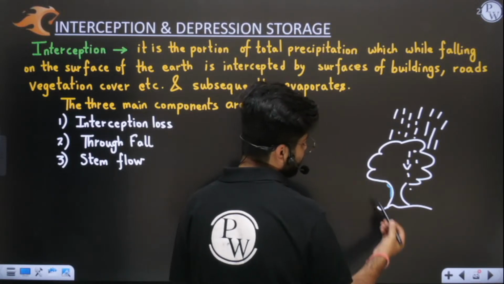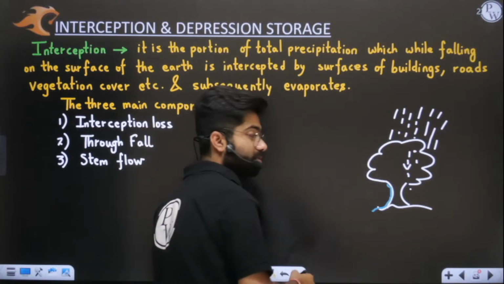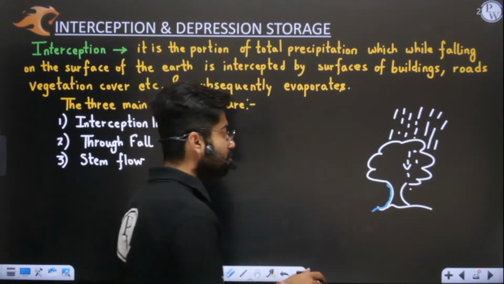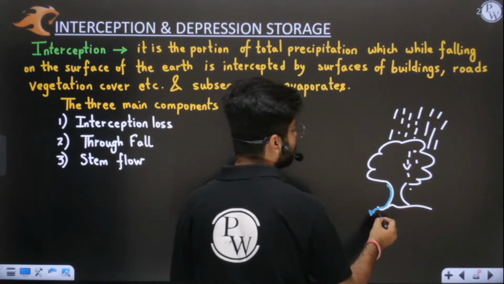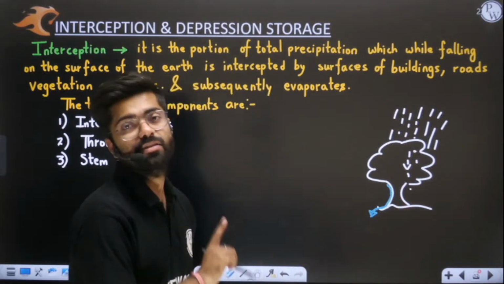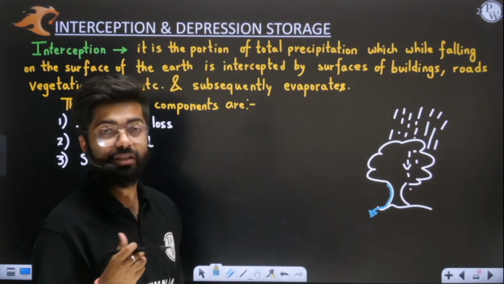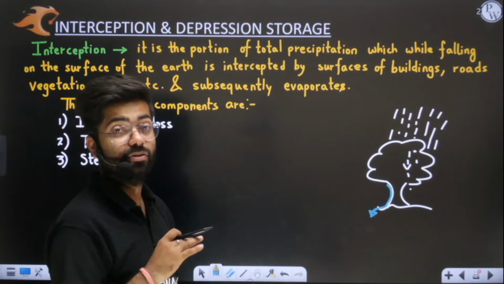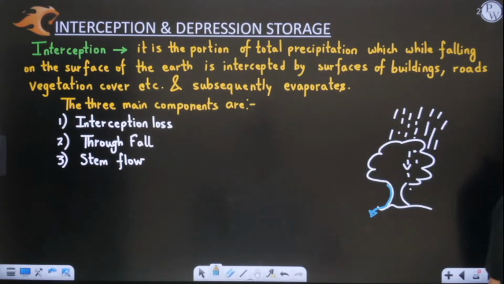But assume that some part of water after trickling has reached the ground. Then that will not be interception. Yes or no? It will not be interception. Why? Because we are interested only in that portion of rainfall which is not reaching the ground. Clear? I hope this thing is clear.